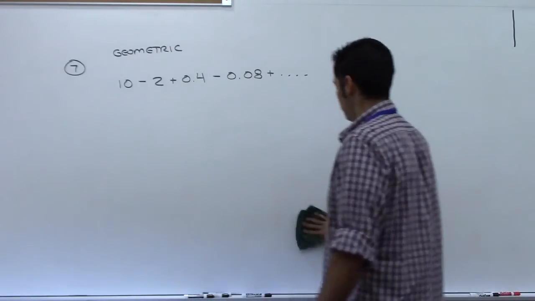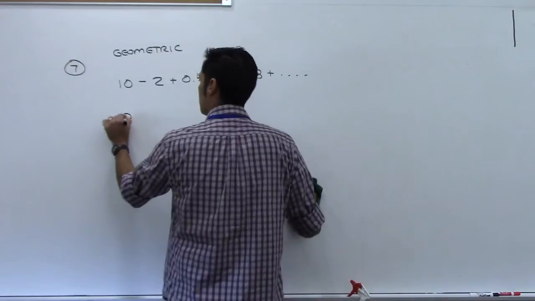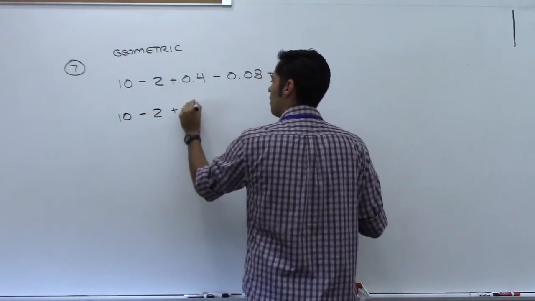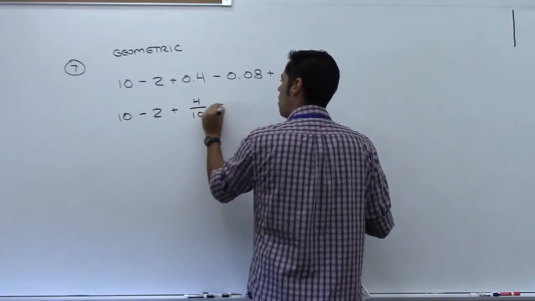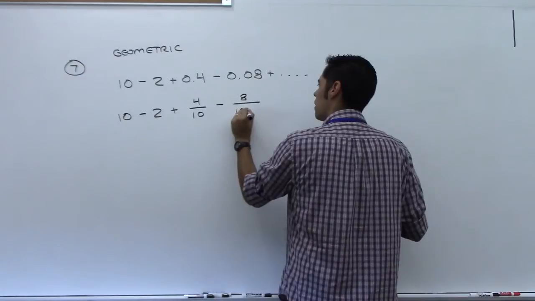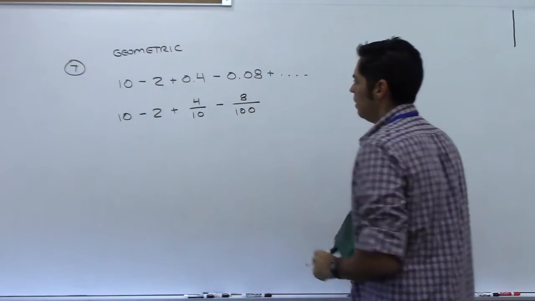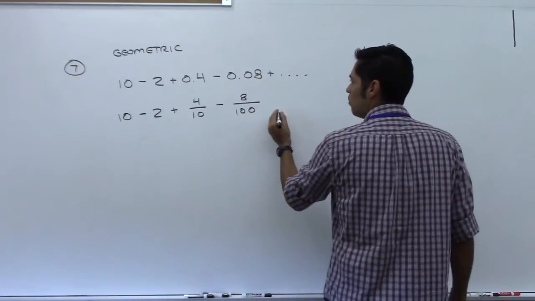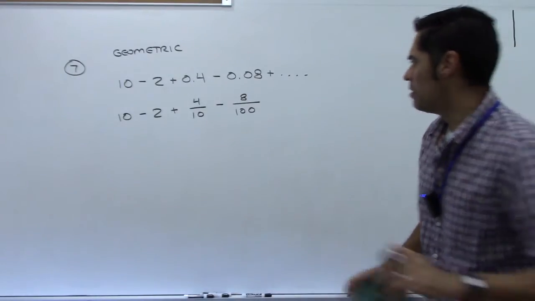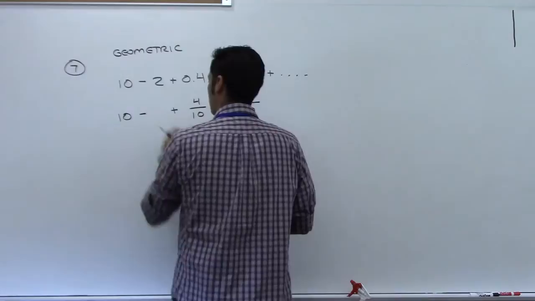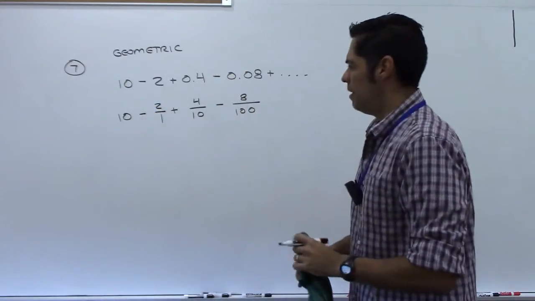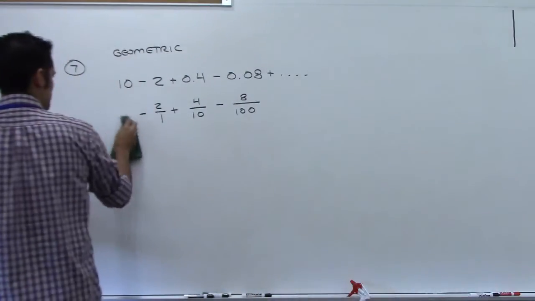So 10 is 10, minus 2, plus 4/10, minus 8/100, and then I'm guessing my next one, let's see, what would it be? We have to figure that out, right? So maybe let's write this one as 2 over 1, and then let's rewrite this first one as 10 over 1.